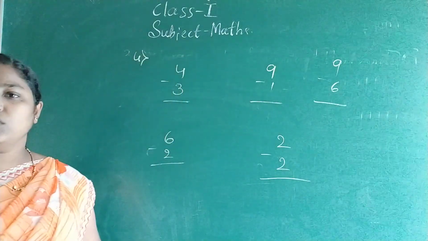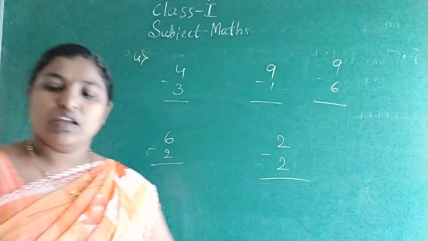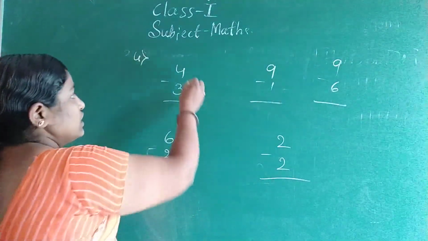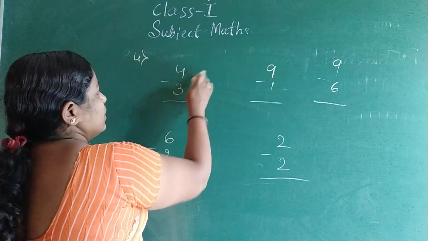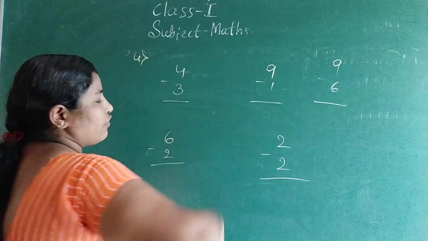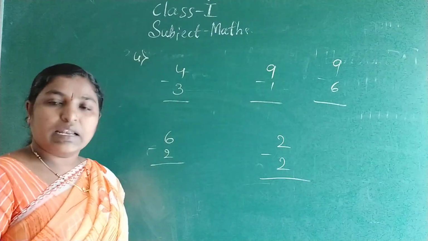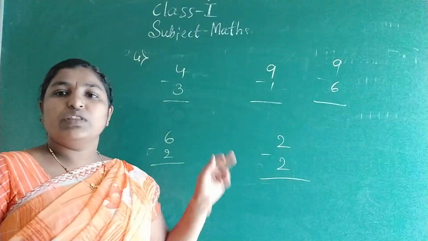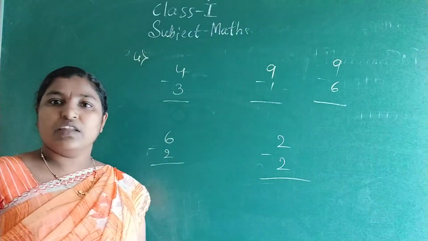Okay? Now, find the difference vertically. This is subtrahend, this is minuend, and whatever answer comes, that is the difference. So the answer is the difference. That is why they told us to find the difference.